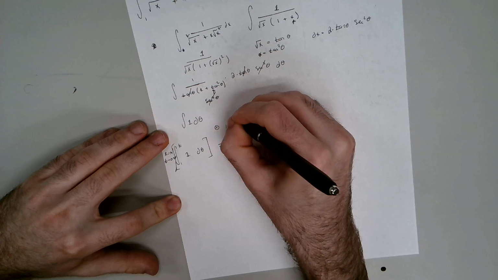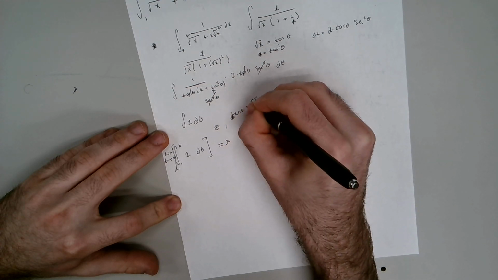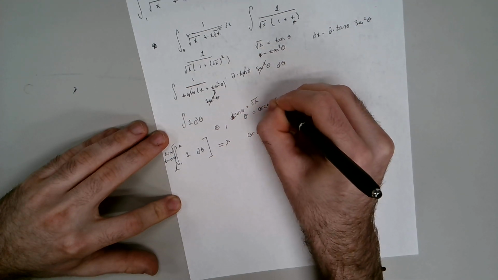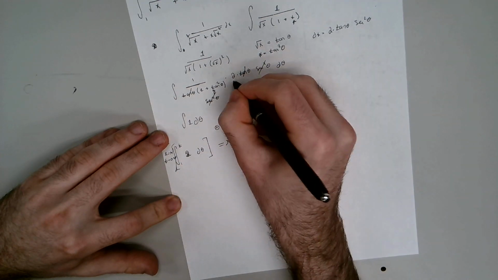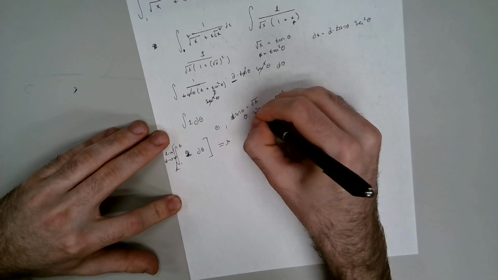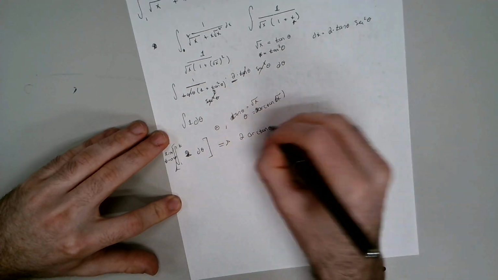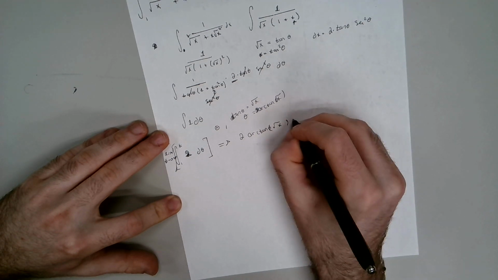And we know that tangent theta is equal to the square root of x, so theta is going to be equal to arctan of the square root of x. And don't forget there's a 2 here. So we should get 2 times the arctangent of the square root of x. So that's going to be our answer.